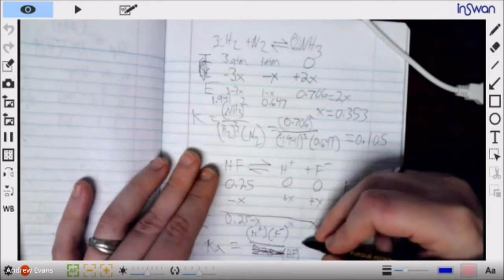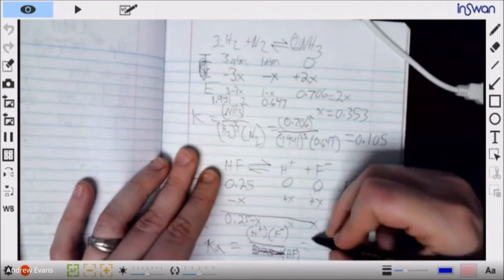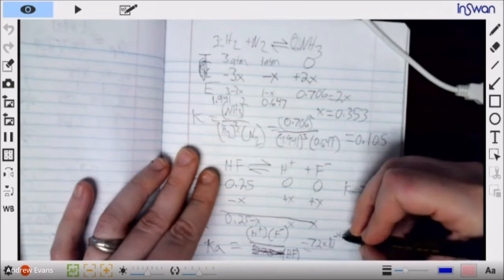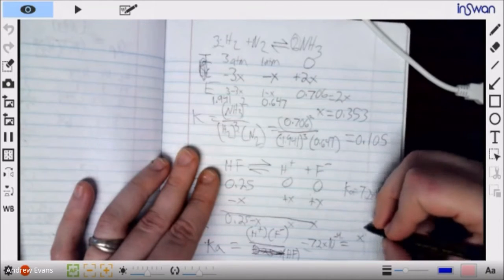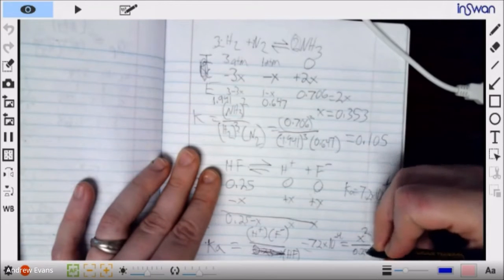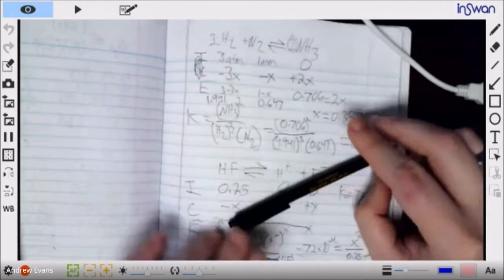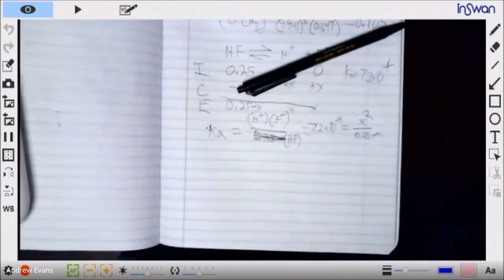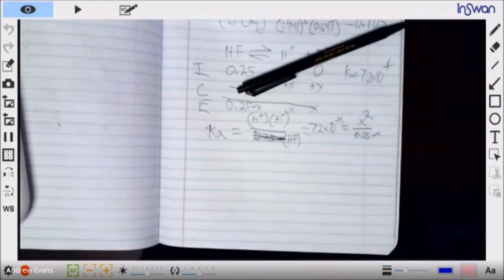Now, plugging these in, we have 7.2 times 10 to the negative fourth equals x squared, x times x, over 0.25 minus x. Now, from here, what we got to do is we got to do a little something called a quadratic, as we'll see in the next slide.